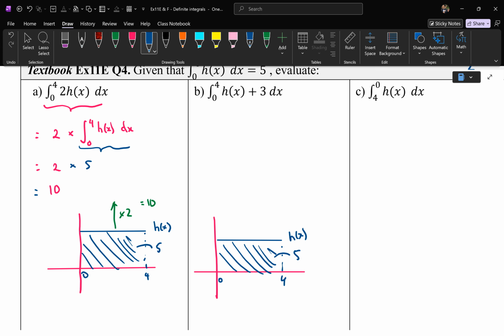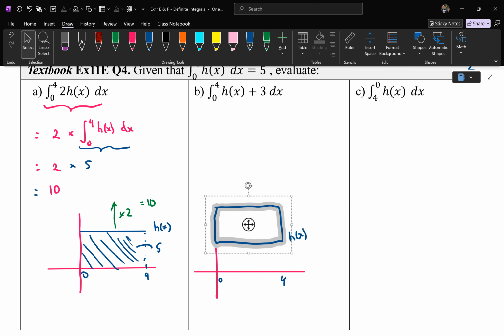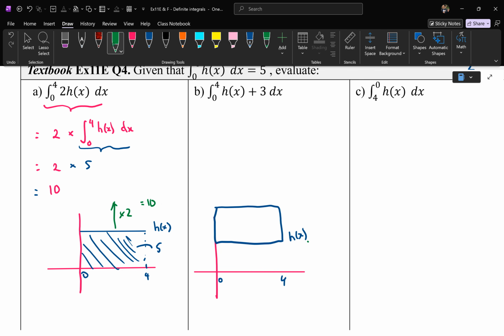So imagine I take that rectangle of area 5 and I shift it. So I'm going to draw it again. I'm going to make a nice rectangle here. If I shift this graph up by 3, so I shifted it up by 3, plus 3. This area is still 5, this one here.